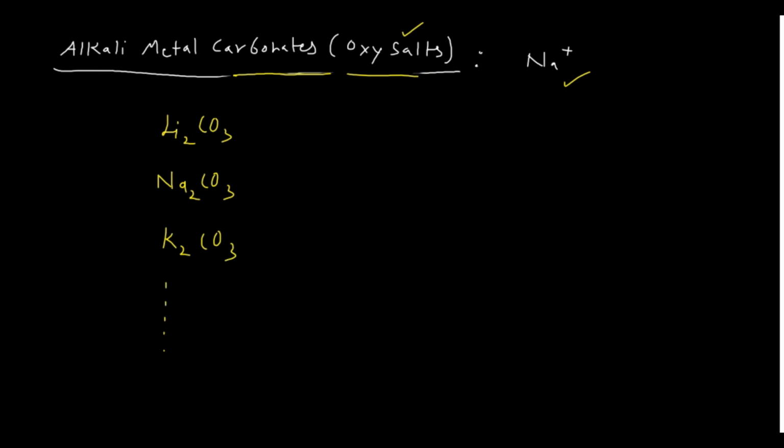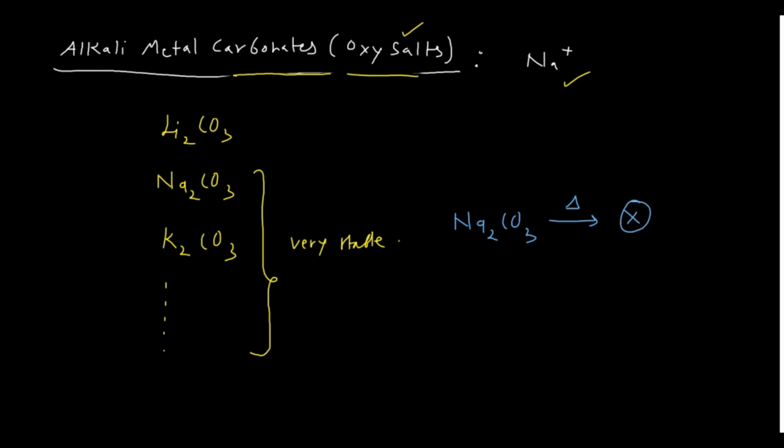So these are the carbonates, these are the oxysalts. You may think of the bicarbonates as well. These are all very stable. Please remember, these oxysalts are very stable. What is the meaning of stability? If you have sodium carbonate and you heat it, there is no reaction at all.